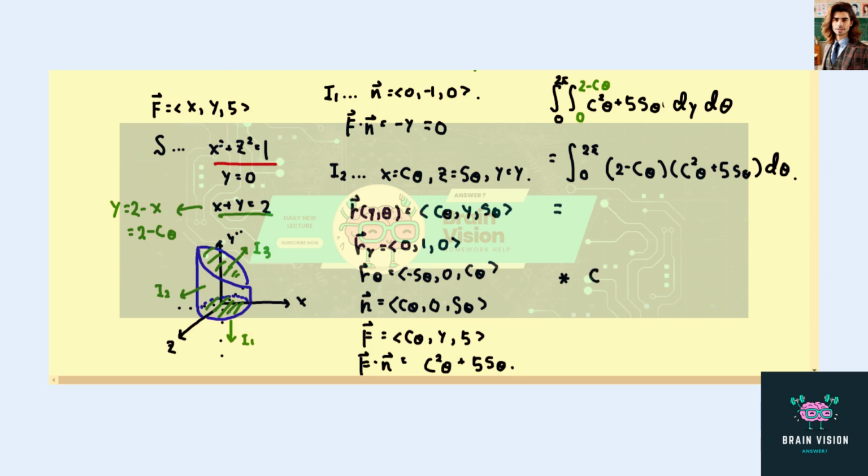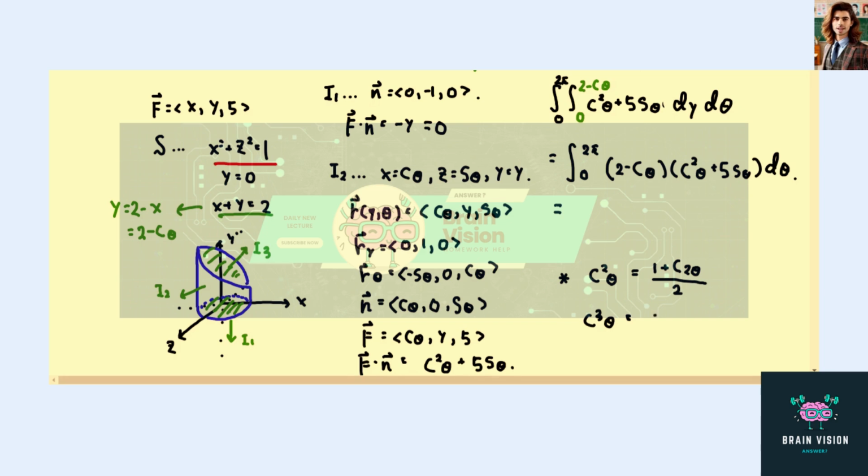Let's recall that whenever you evaluate cosine squared, you can use the identity 1 plus cosine of 2 theta all over 2. And if you want to evaluate cosine cubed, then you can use the fact that cosine squared is 1 minus sine squared.